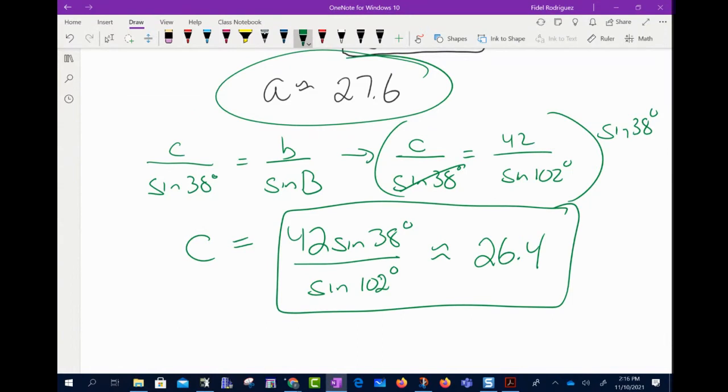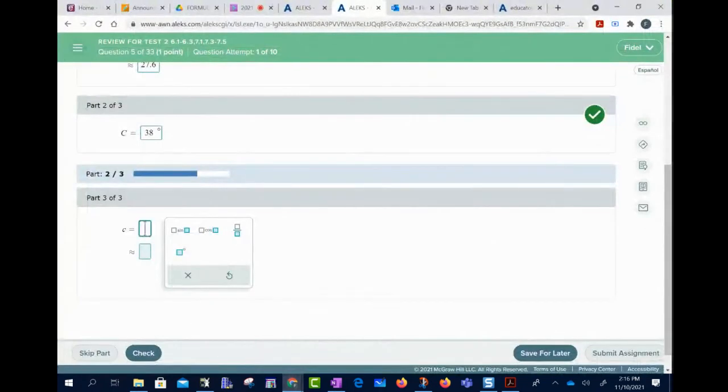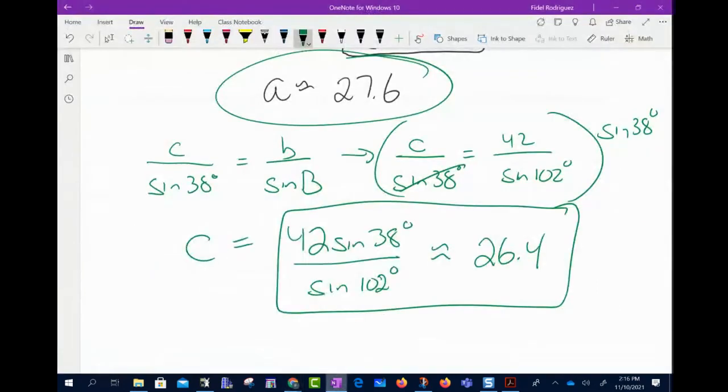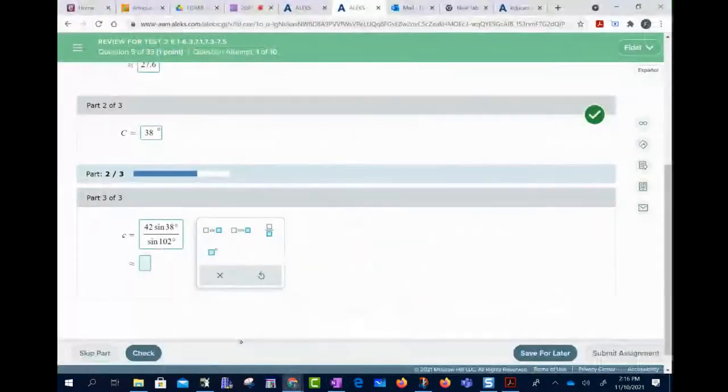So I'm going to do my fraction first. 42 sine of 38 degrees divided by the sine of 102 degrees. And that was how much? 26.4? So 26.4. And we're going to go chickadee check.